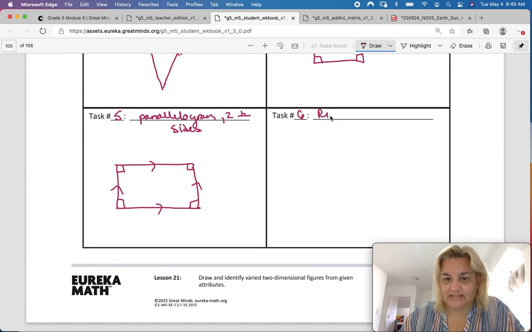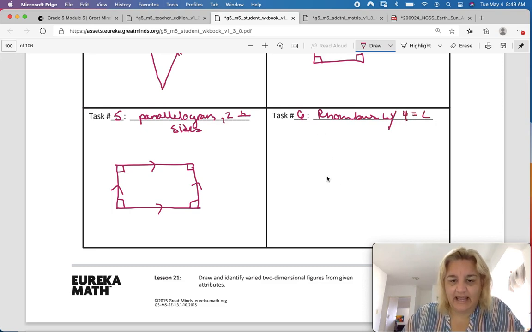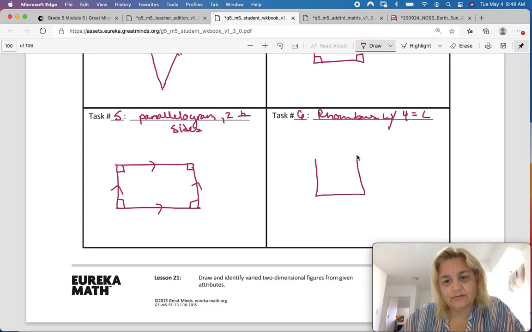Okay, so a rhombus with 4 equal angles. And rhombus means all sides are equal. Measure. Okay, and we're going to do 90, 90, 90, and 90, and this is equal to this, is equal to that, is equal to that.